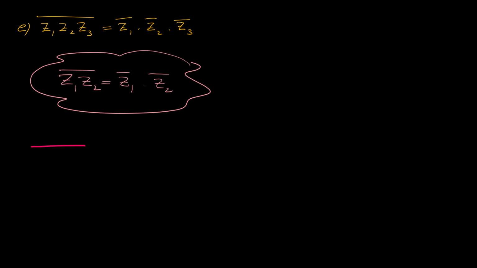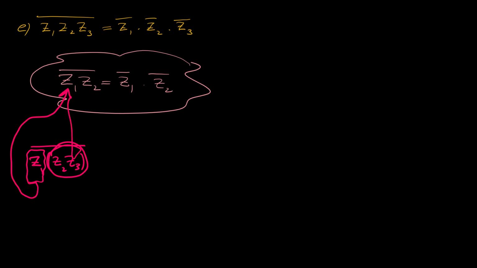In this way. Z1 Z2 Z3 is basically Z1, which is a complex number, times Z2 Z3. So we group Z2 Z3 in a bracket like this. Now we say this is a complex number, so this plays the role of Z1, and this is another complex number, it plays the role of Z2.